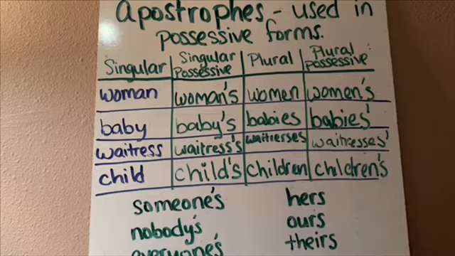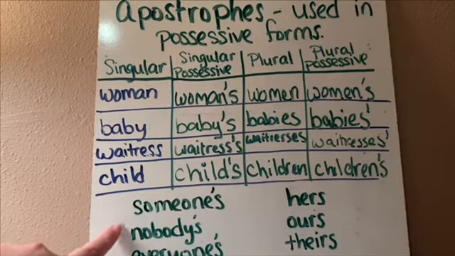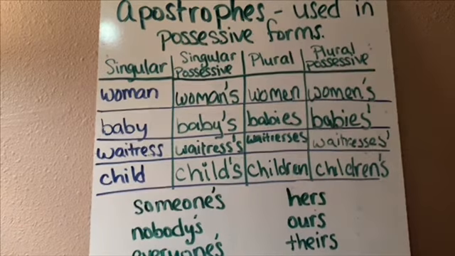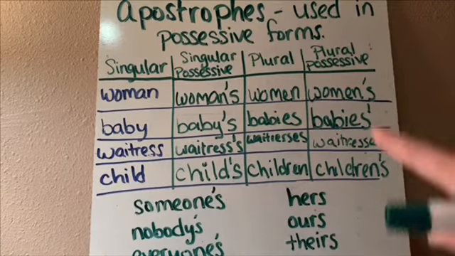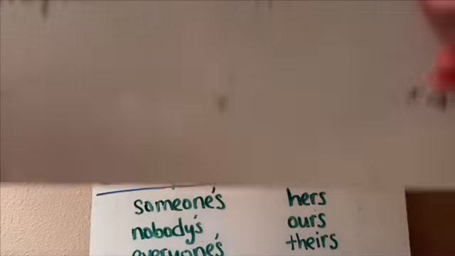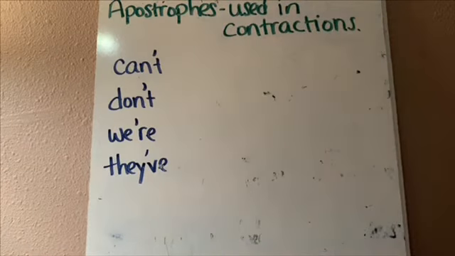Okay, so we've talked about how apostrophes can be used in possessive forms, how when we are doing a possessive form of an indefinite pronoun that ends in one or body, it's apostrophe S. If we have just a personal pronoun, we do not use apostrophes. Now we're going to look at how we use apostrophes in contractions.